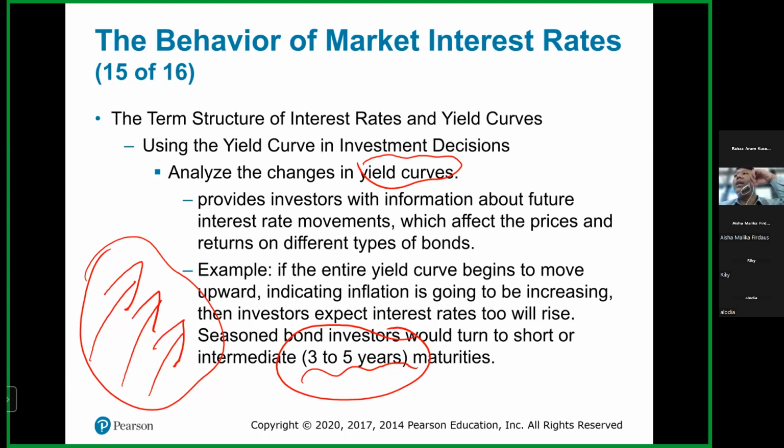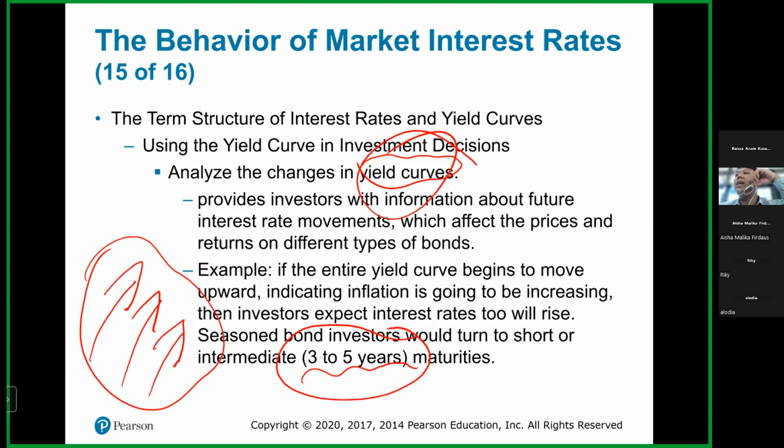So we use the trend in the yield curve to provide information on future interest rate movement, future inflations, future yield, so that they have a very good decision making on how to invest in bonds with certain maturity.